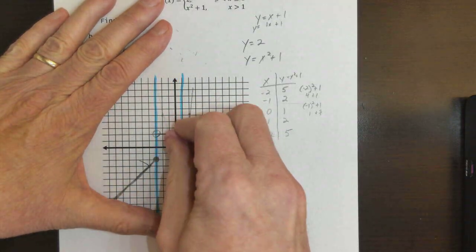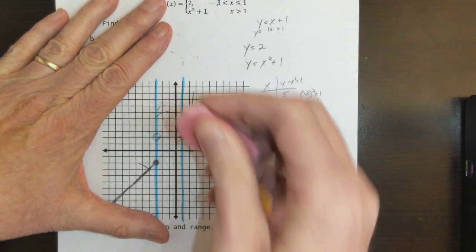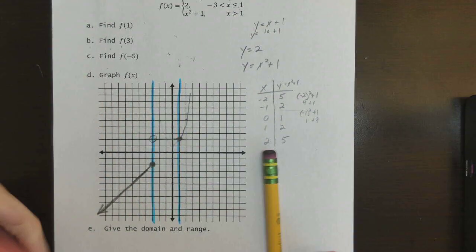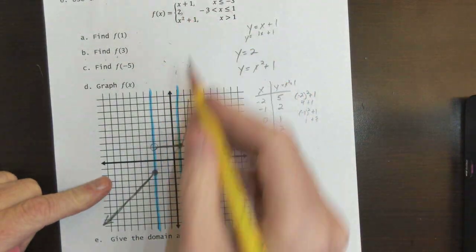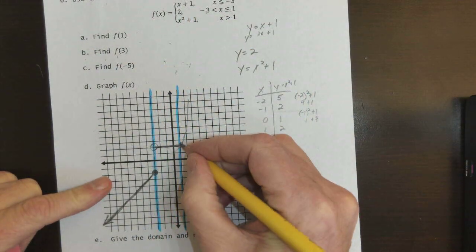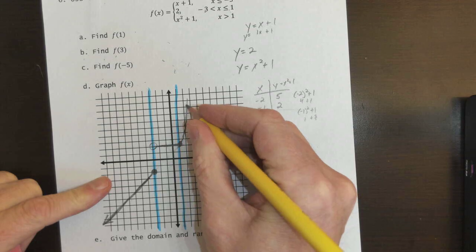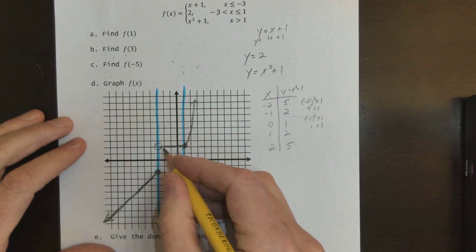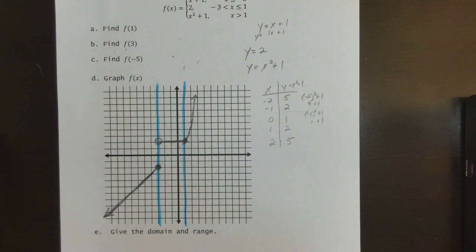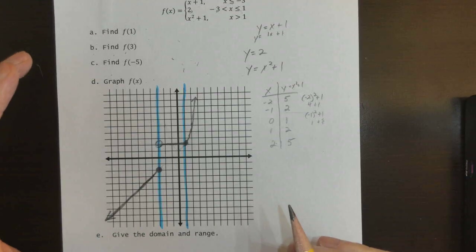Everything left of this blue boundary line I'm erasing. Except I didn't mean to erase this. I want that left for that part. Okay, and then it kind of picks up and goes this way. Alright.